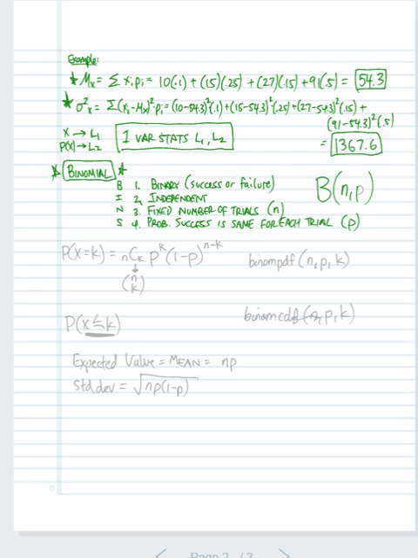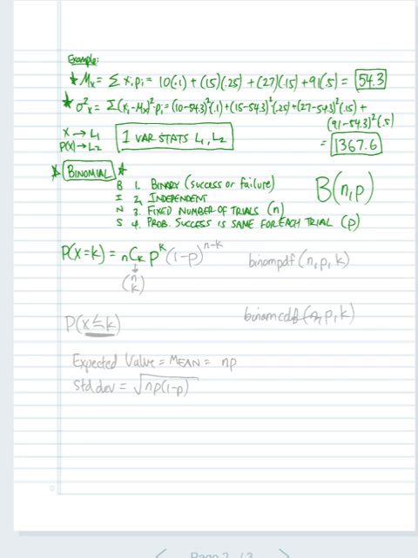So let's talk a couple of formulas. If we want to find the probability of exactly k successes, I need you to underline exactly. Exactly k successes. Here's the formula. And you guys have actually seen this on your formula sheet already. You would do n choose k, and then the probability of success, p, raised to the number of successes.